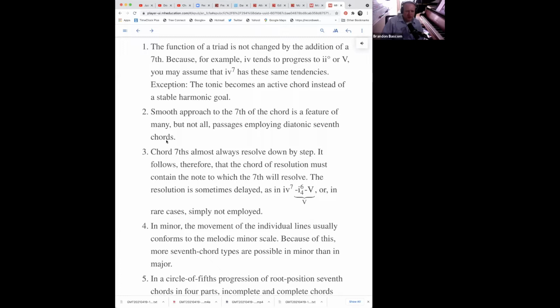Looking at the chord before, what do you notice?